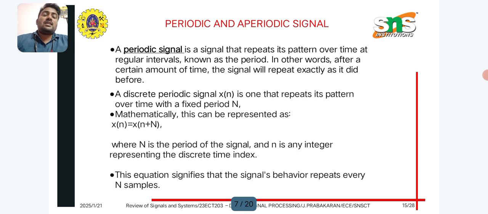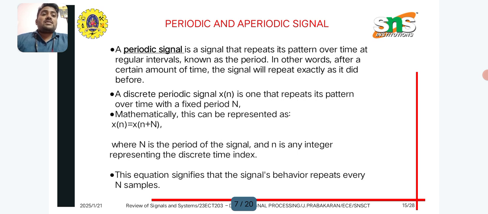Next, signals are further classified into periodic and aperiodic, energy and power, symmetric and asymmetric, and deterministic and random signals. First, the periodic signal: a signal that repeats its pattern over time at regular intervals known as the period.